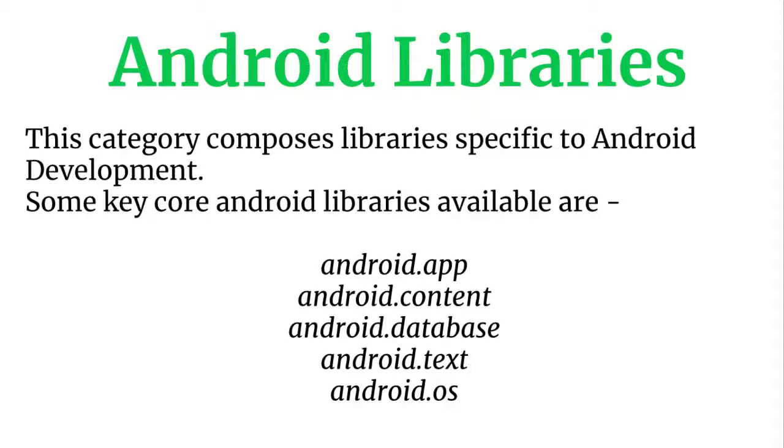Then we have Android.content that facilitates content access, publishing, and messaging between applications and application components. Like these, we also have Android.database, Android.opengl, Android.text, Android.os, which provides applications with access to standard operating system services, including messages, system services, and inter-process communication. We have many more core libraries available in these Android libraries.